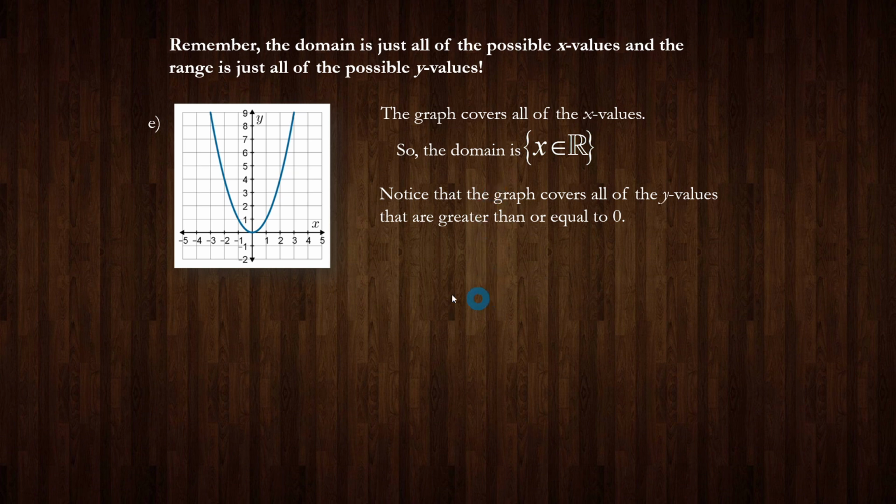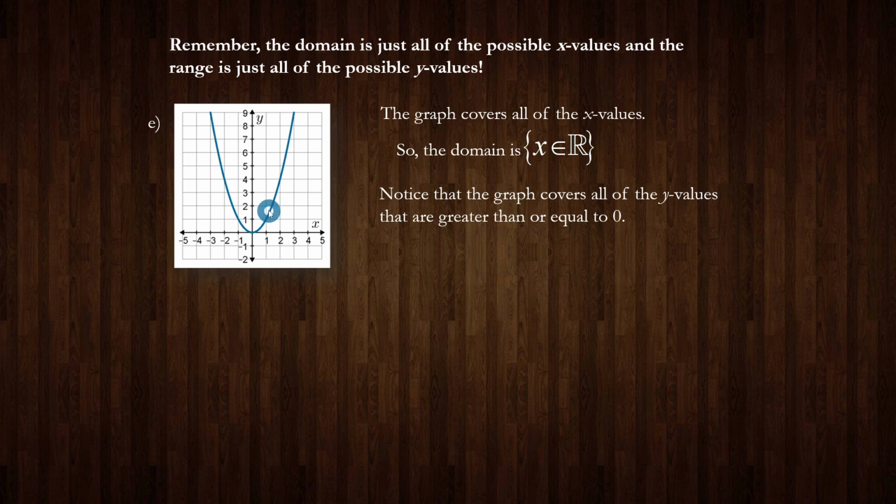Not quite, because this graph has a minimum point here at 0, and from there it goes upwards. So you never get graph down here in the negative. The lowest possible y value for a point on the graph happens right here, and that's a y value of 0.